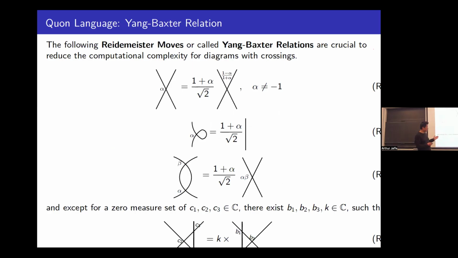And the Yang-Baxter equation is the last one, but to understand this in a topological way, we also need other Reidemeister moves, like moves 1, 2, 3. And those are those relations. And we do have such relations. So now we can understand the crossings in a topological way, how we move crossings around by those Reidemeister moves. So this essentially tells us how we reduce the number of crossings just by those local moves.